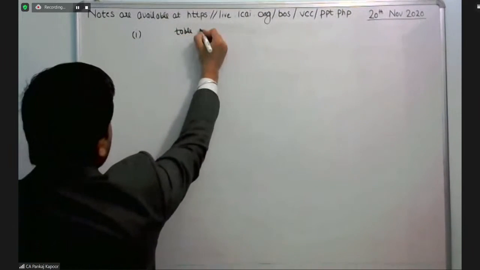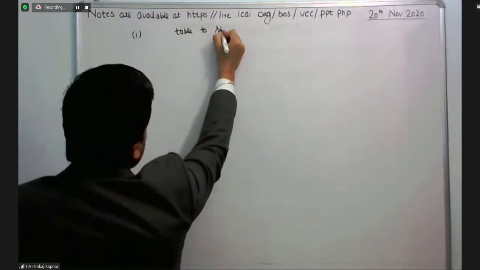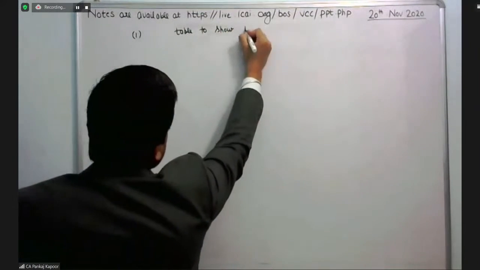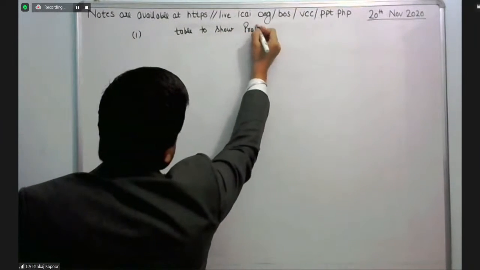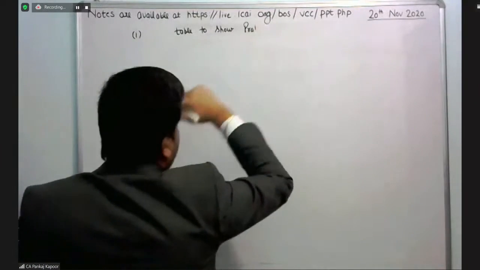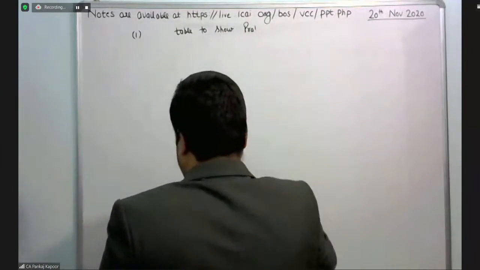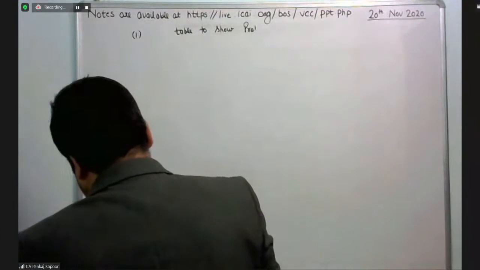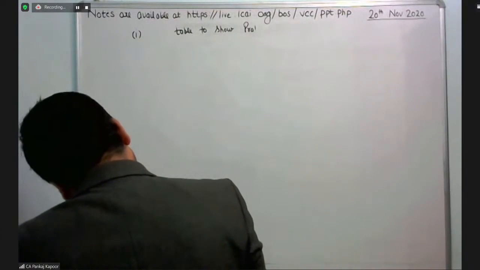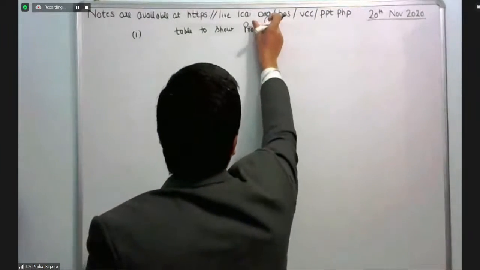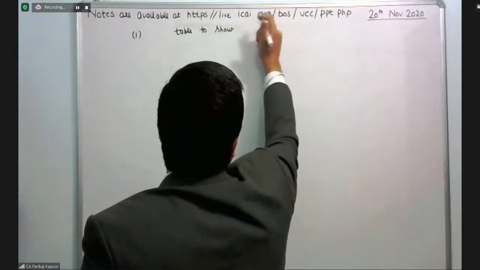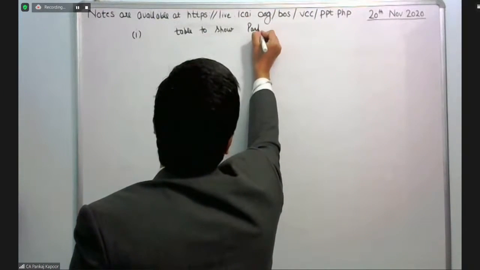The table to show the Pareto effect of parts.